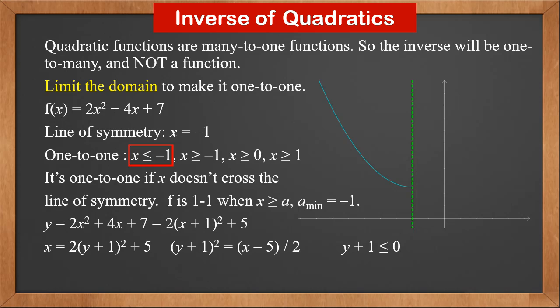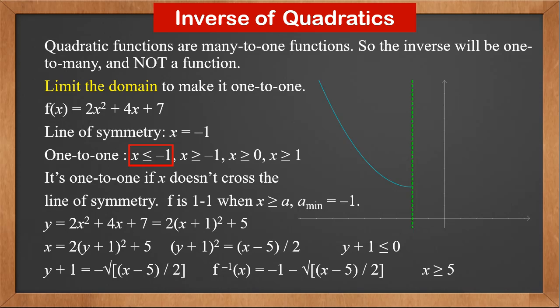We know the domain of f is x less than or equal to minus 1. So in f inverse, y is less than or equal to minus 1. Therefore, y plus 1 is less than or equal to 0. So when we square root both sides, we add the negative sign. This is y plus 1 is minus root x minus 5 over 2. So f inverse is minus 1 minus root x minus 5 over 2.